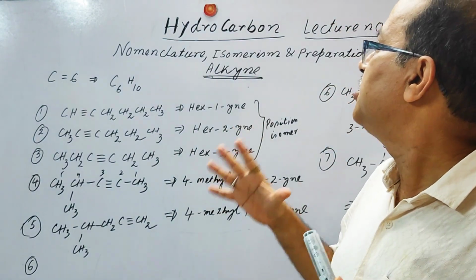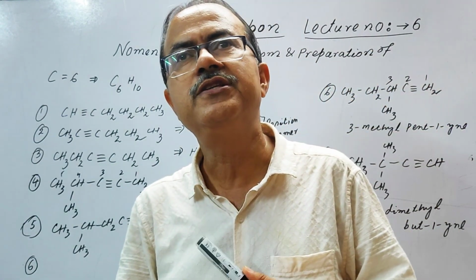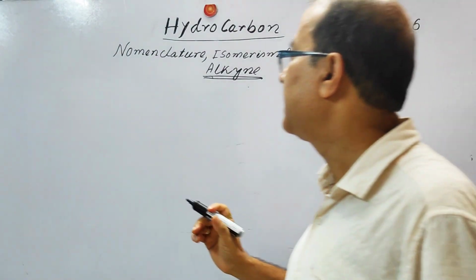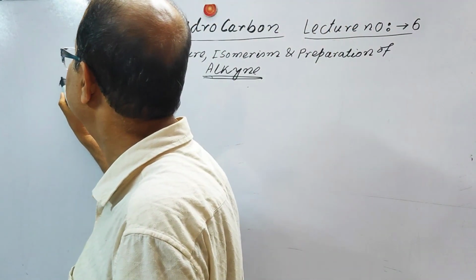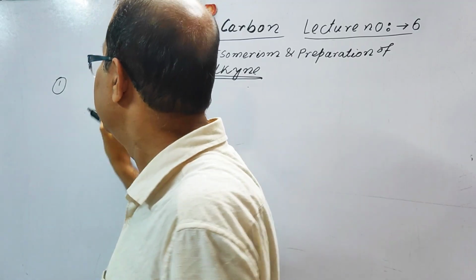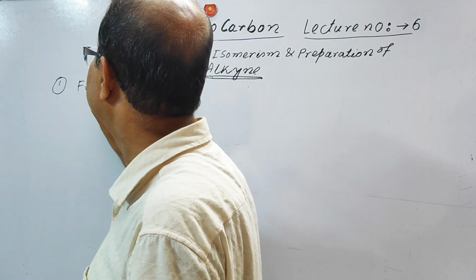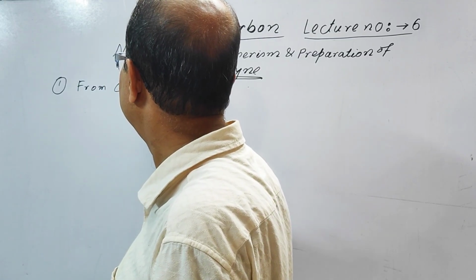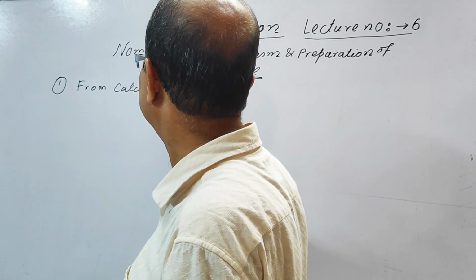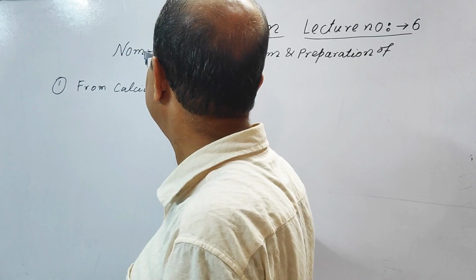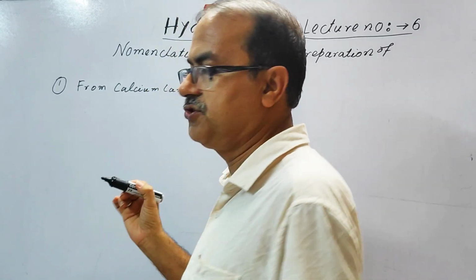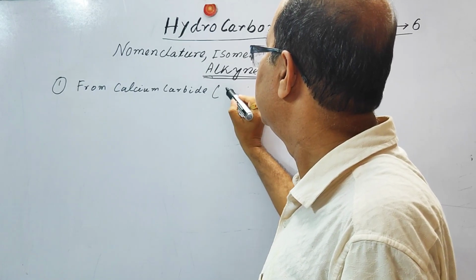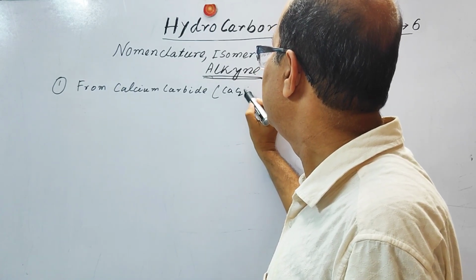Now this is the nomenclature and isomerism part. Now we will discuss its preparation. Alkyne hydrocarbons are prepared in 2 different ways. Number one is from calcium carbide, an industrial process for preparing acetylene.